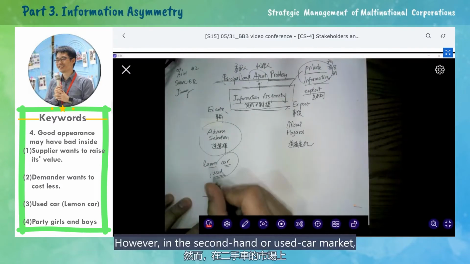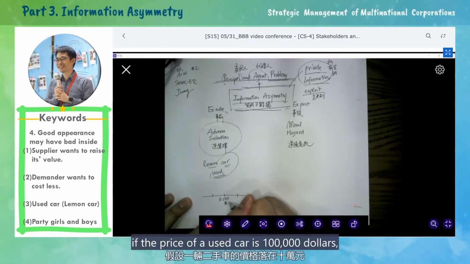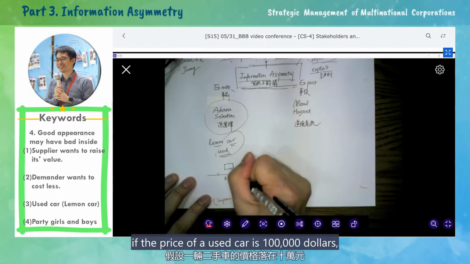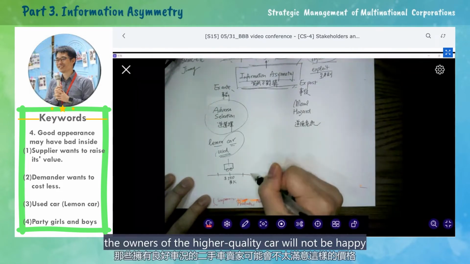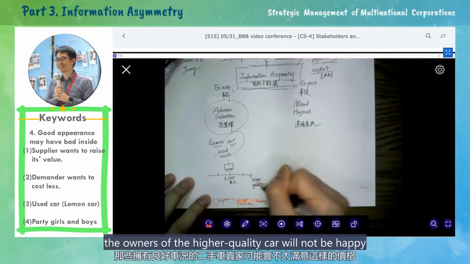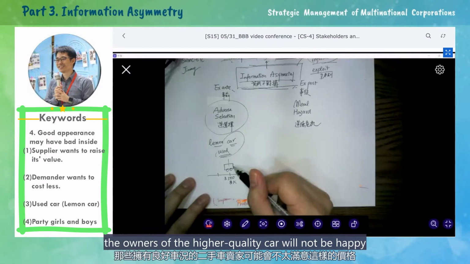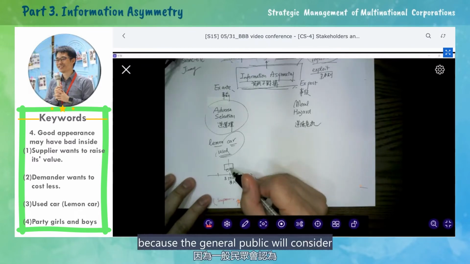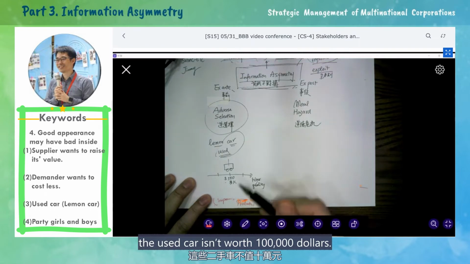In the second-hand or used car market, suppose the general public will consider a used car at a price of $500,000.